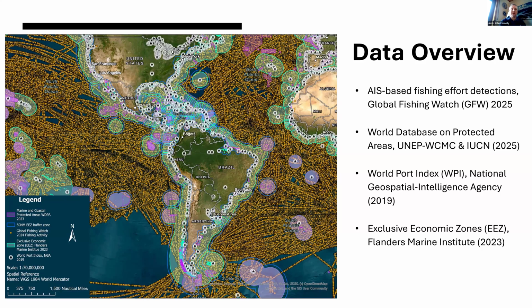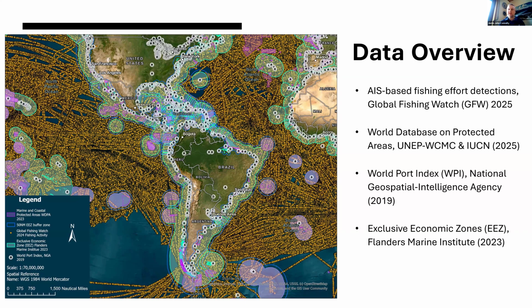I'm not doing that work in the scope of this research, but instead I'm just taking the results that globalfishingwatch.org says these are fishing vessels, and then using hotspot analysis to identify where those fishing vessels are in relation to administrative boundaries and the environment.